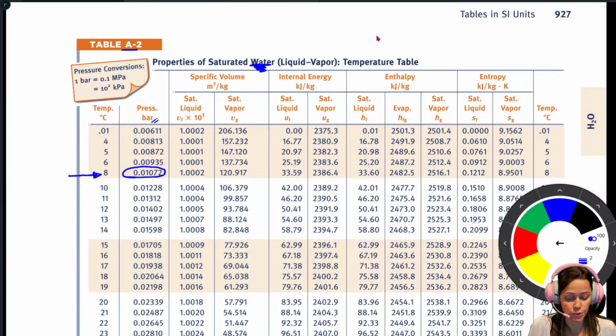That is the saturation pressure at 8 degrees. And I could also say at 0.01072 bar, the saturation temperature, the temperature at which that water is going to boil, is 8 degrees Celsius.